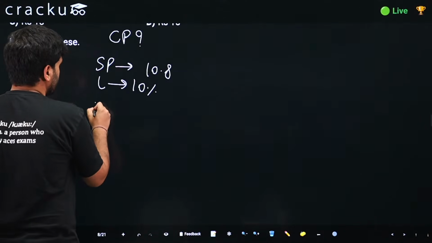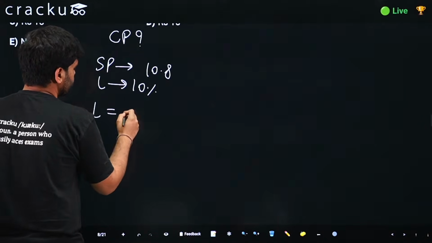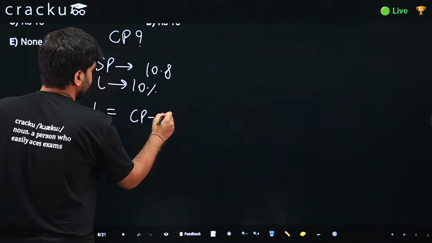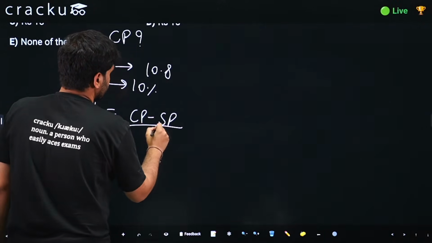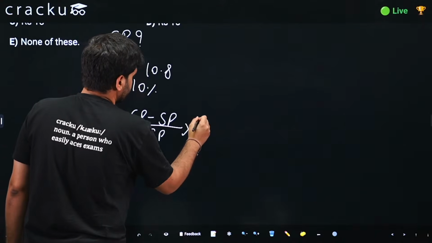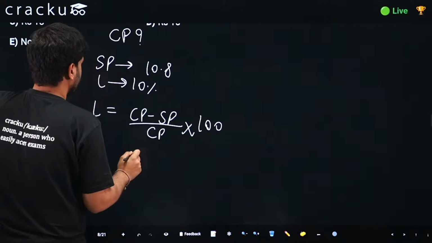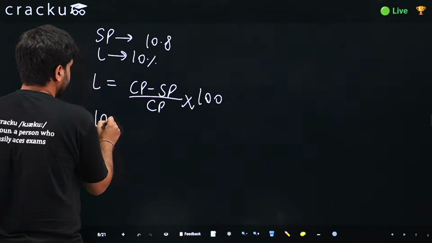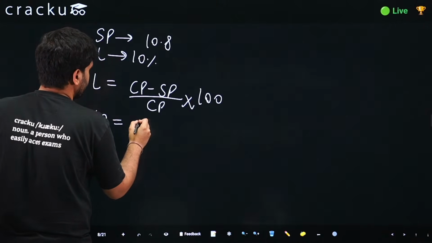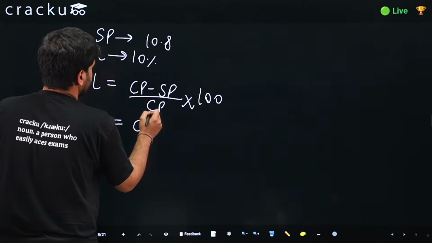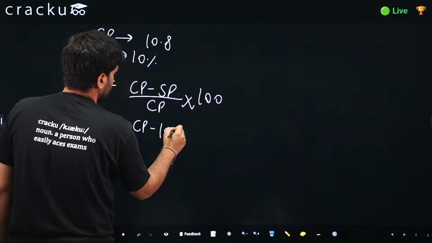We know the formula for loss. Loss formula is (CP minus SP) by CP into 100. 10 equals to (CP minus 10.8) by CP into 100. Selling price is 10.8.